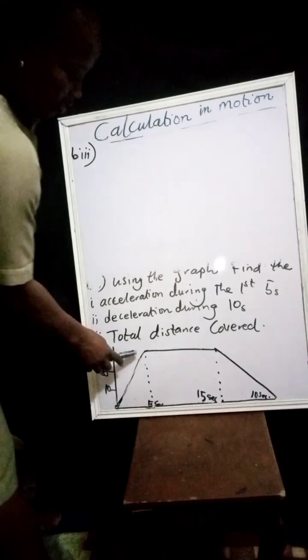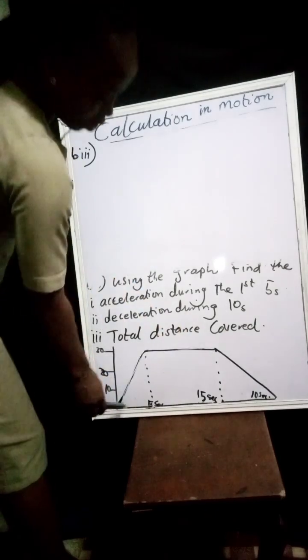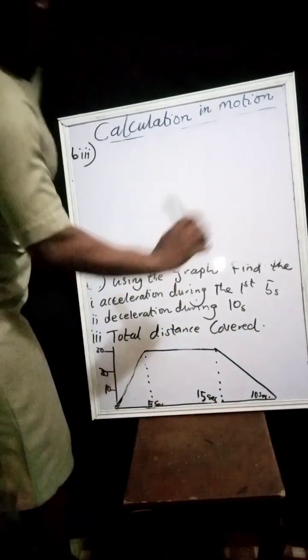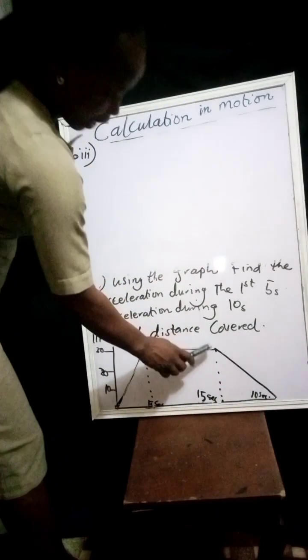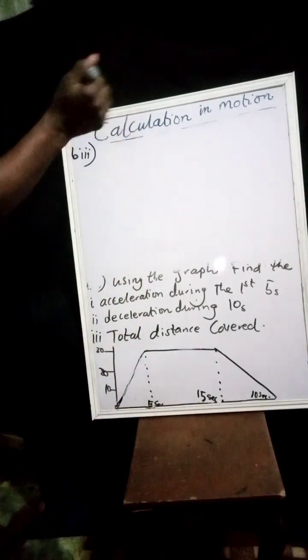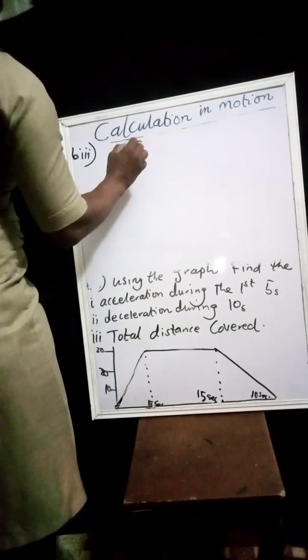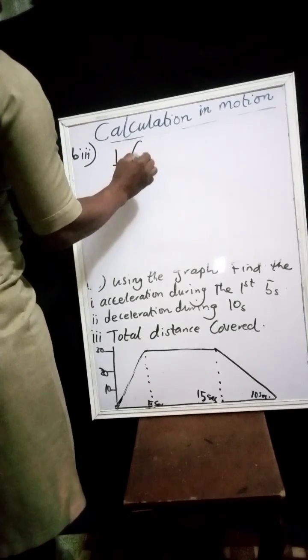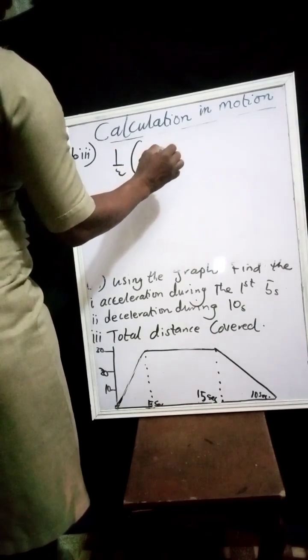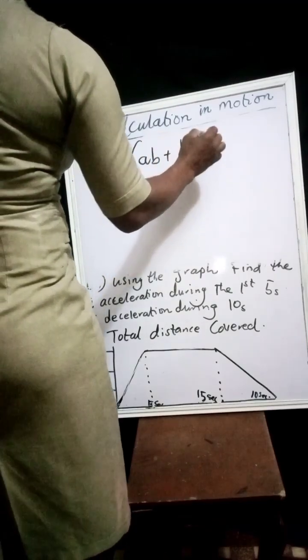We have half, open bracket, this length here plus this length here, bracket closed, multiplied by the height. Let's put it down: half of AB plus BC.